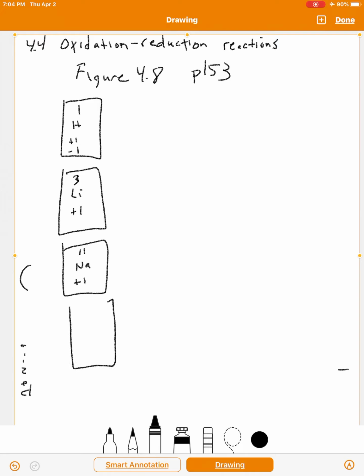And the same is true for potassium. Some elements are very regular in terms of their oxidation numbers: lithium, sodium, and potassium. But when you look at some of the transition metals, you get more variation. For example, element number 23, vanadium, has multiple oxidation numbers.